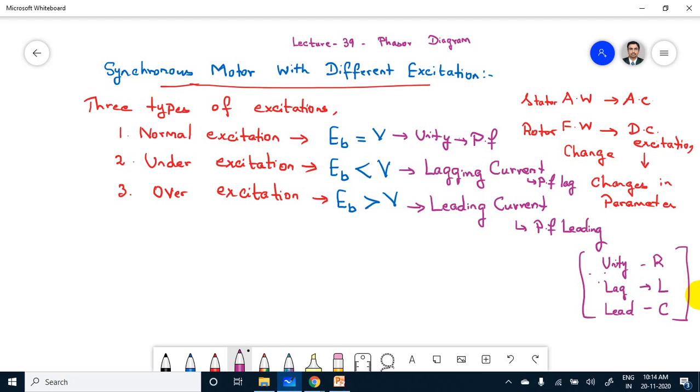Now by using this concept of normal, under, over excitation and lagging and unity power factor, I am going to draw the vector diagram. Vector diagram is another name for phasor diagram.